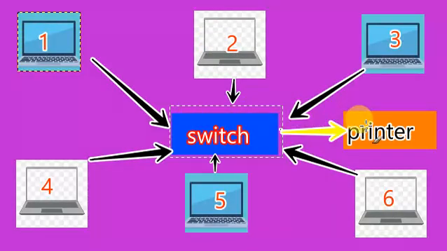So in essence, instead of every computer in this network having one printer to itself, the network here can have just one printer and every computer can print to this printer by going through the switch.